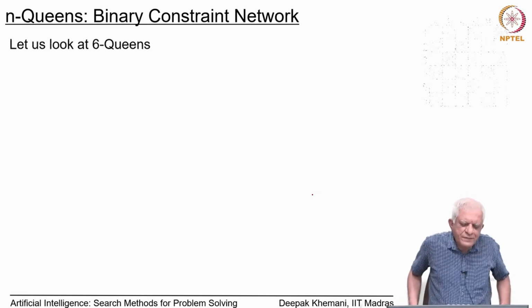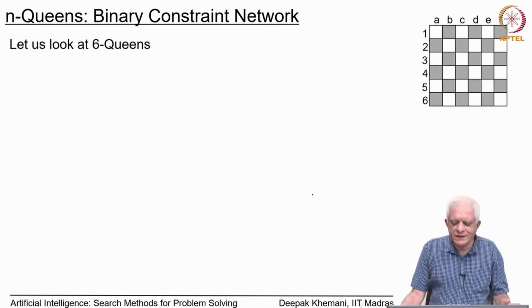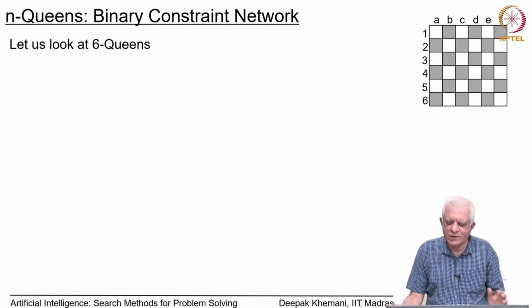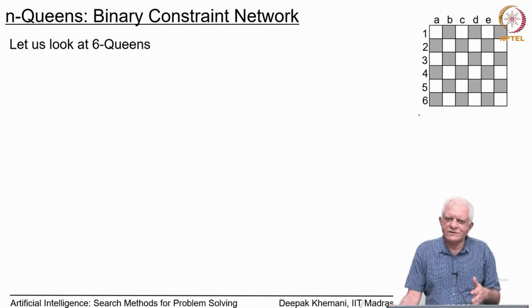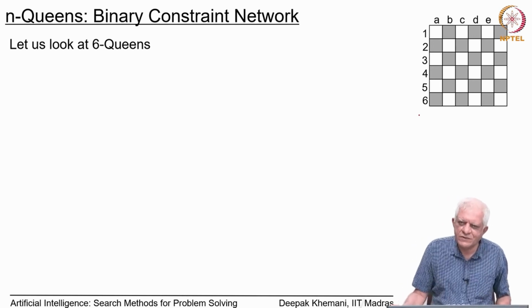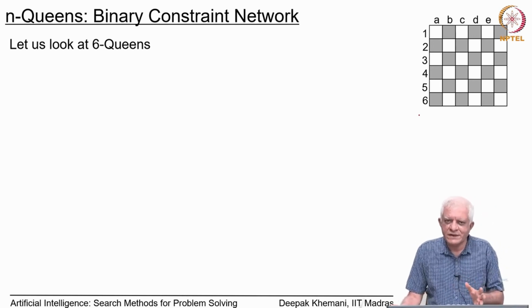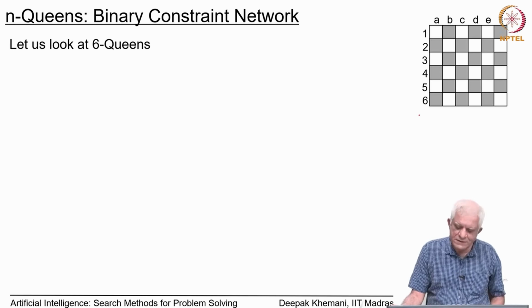Now, in the 6 queens problem that we are looking at here, I have used A, B, C, D, E, F as column names, as is common practice, and 1, 2, 3, 4, 5, 6 as row names. Any combination of a row name and a column name identifies a particular square, and the task is to find out whether you are going to place a queen on that square or not.